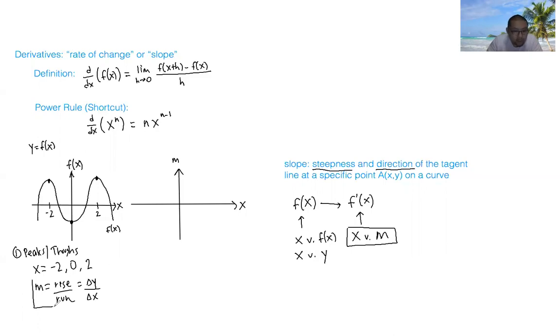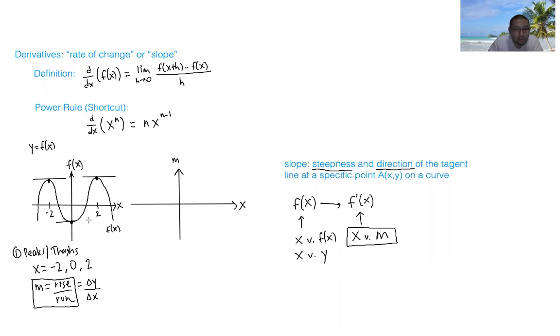When you look at rise over run, let's consider that at these specific points, the tangent line to these points looks like this, right? Looks like this.